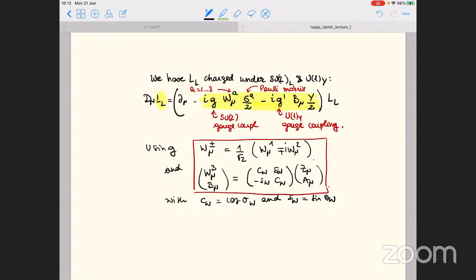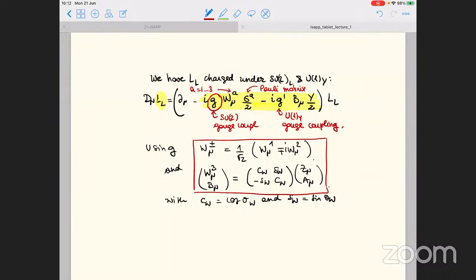The second one introduces the SU2 left gauge boson, W mu^a, with mu the Lorentz index and a going 1, 2, 3 for the three generators of SU2, which here are the Pauli matrices. Within the whole lecture, this g that I have here will correspond to the SU2 left gauge coupling.